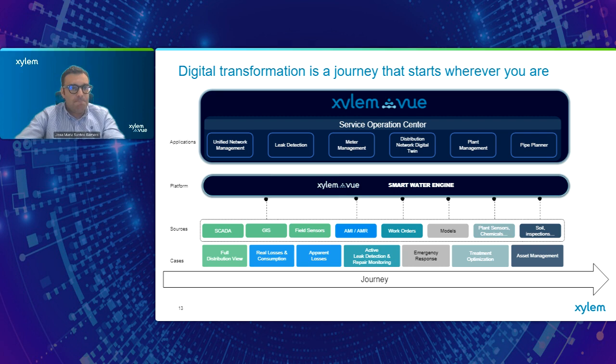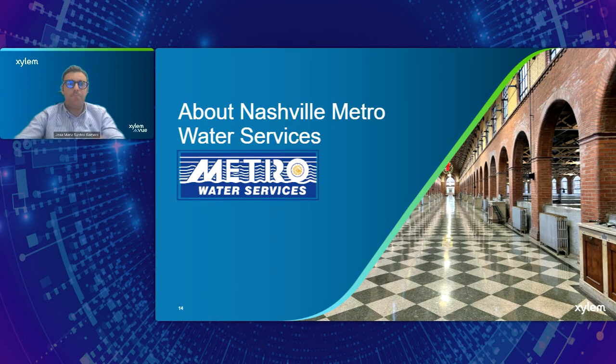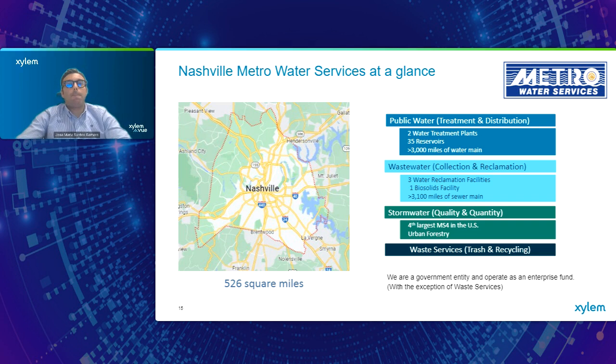Moving on, I will just introduce briefly Metro Water Services. Metro Water Services provides public water treatment and distribution, and also wastewater collection and treatment services to customers located in Nashville and a portion of surrounding counties.